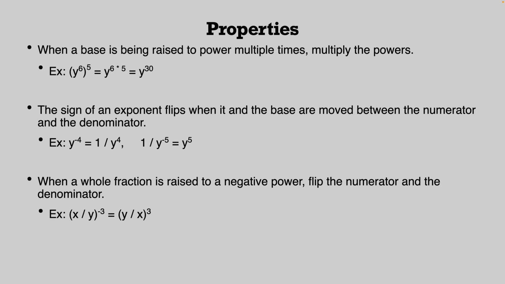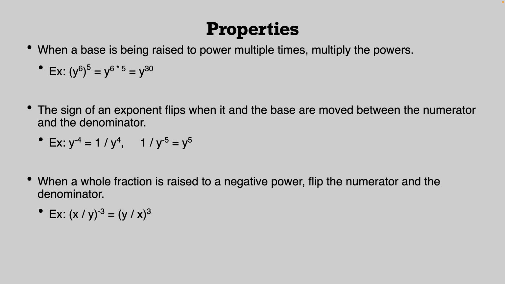That's the term being moved to the denominator to flip its sign to be positive. And then the second case is 1 over y to the negative 5 is equivalent to y to the 5th power. That's an example of the term with the negative exponent being in the denominator and then being moved to the numerator by switching the sign.